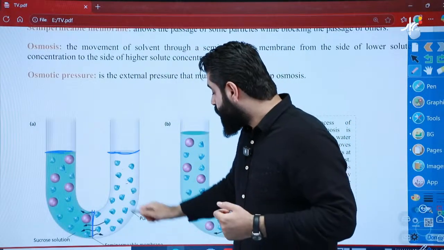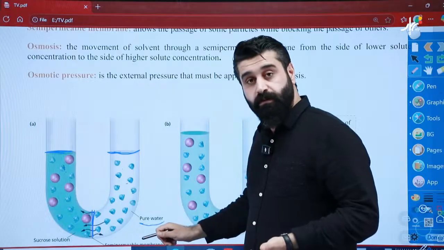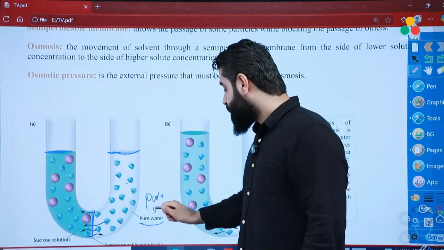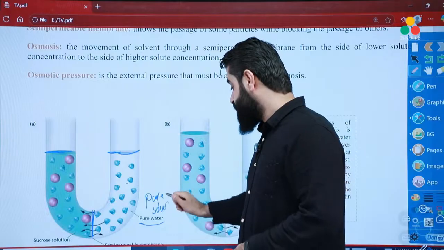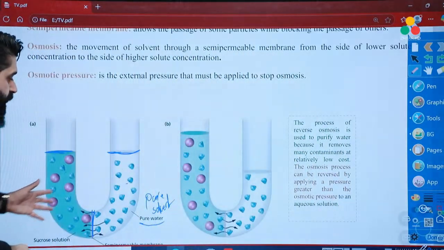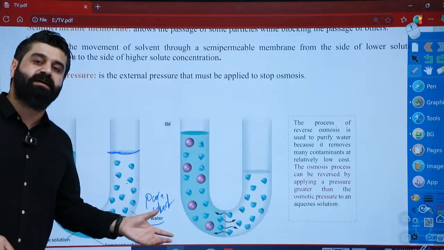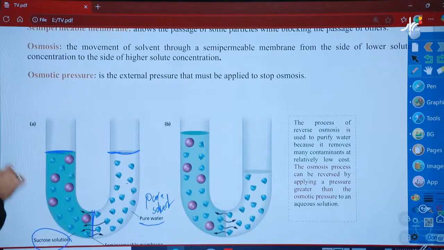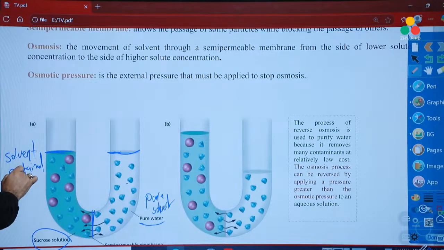For example, here we have pure water, pure solvent, and on the other side we will use the same solvent but this time containing solid. Sucrose solution, solvent, contained solid.